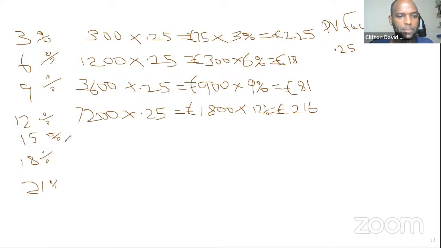And then 15% is 12,000 points. So 12,000 times 0.25. How many euros is that? How much is it? Am I right?